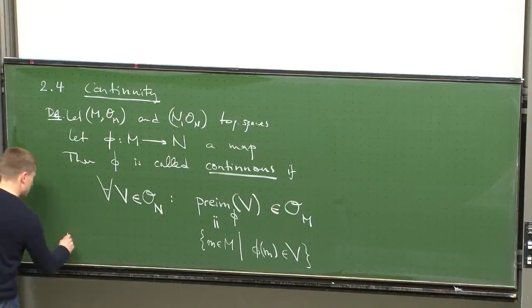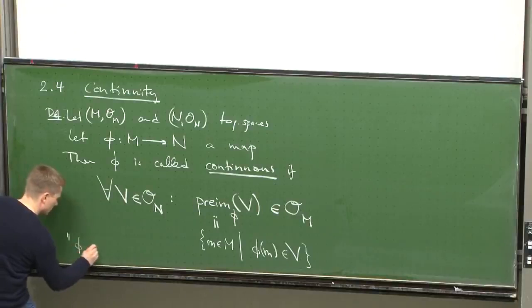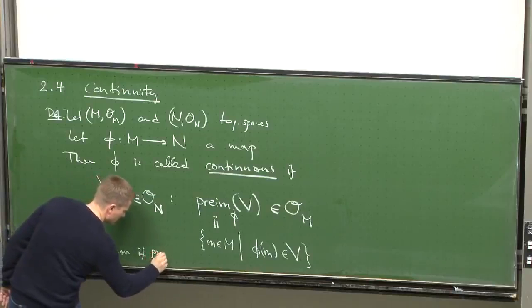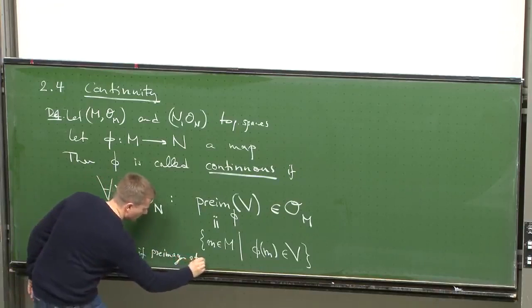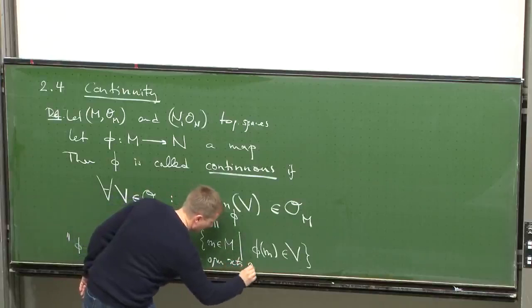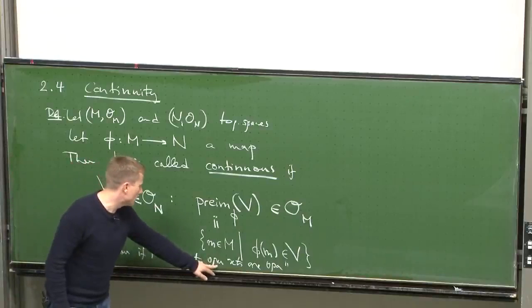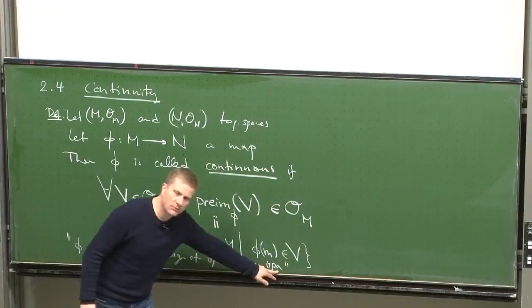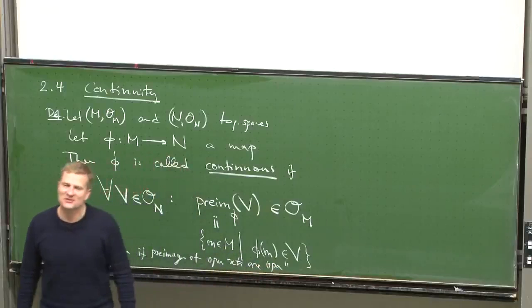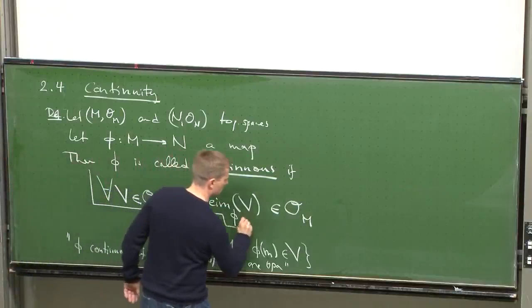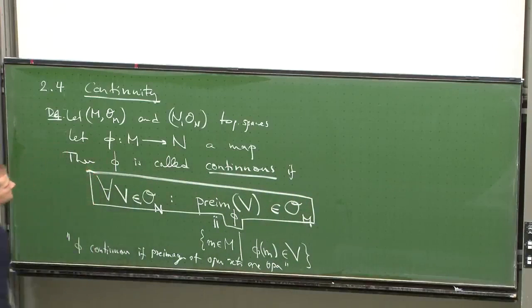Or, in brevity, phi is continuous if pre-images of open sets are open. That hides the fact that this is the openness in the target space and this openness is the openness in the domain. So hence, more precisely, it's this condition here. This is at the heart of topology, as we'll see in a second.